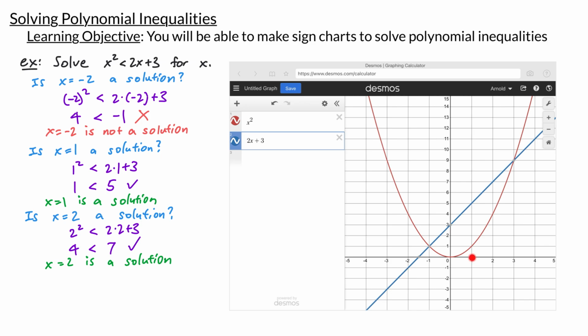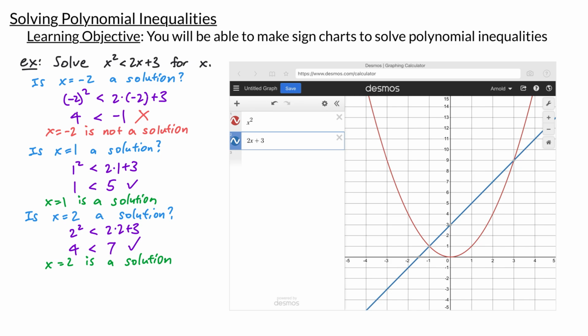When x is equal to 1, my red graph is below my blue graph. That's why x equals 1 is a solution. Same thing at x equals 2. At x equals 2, my red graph is below my blue graph. That's why x equals 2 is also a solution. So again, if we want to solve this inequality, we want to find all x values for which the red graph is below my blue graph.